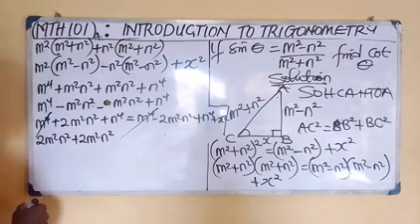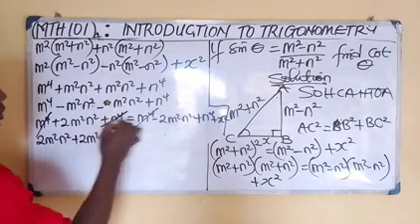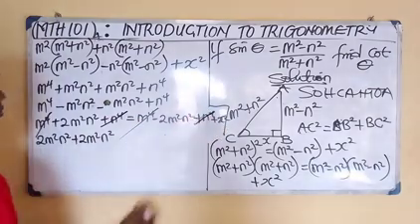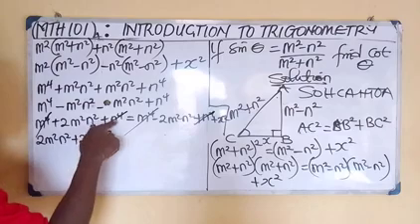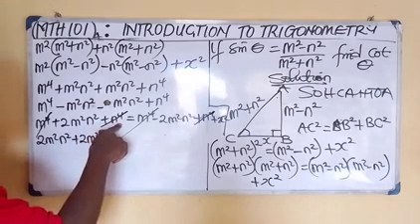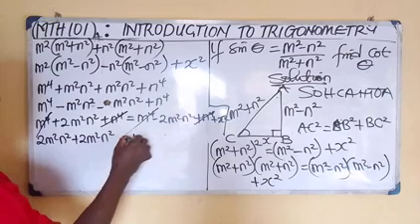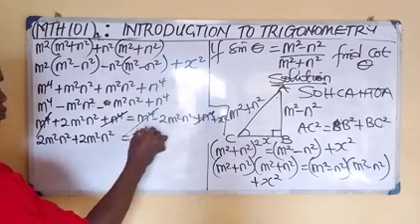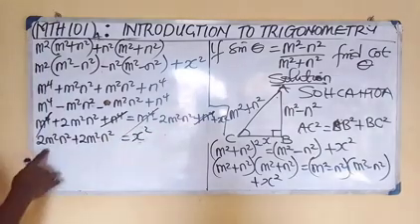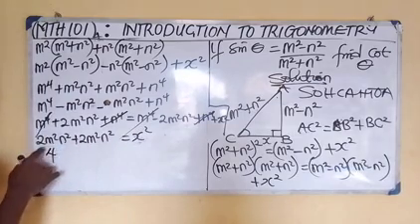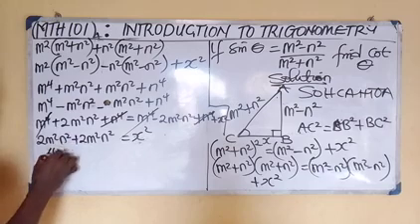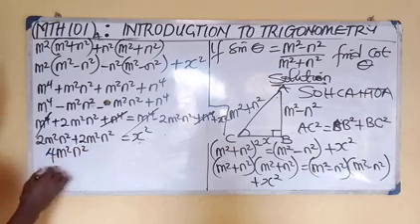And automatically this will go into this, because this cross becomes minus. So plus N4 minus N4 is out. You will now be having X squared. Alright, X squared. So this plus this, I have 4, then M squared N squared.